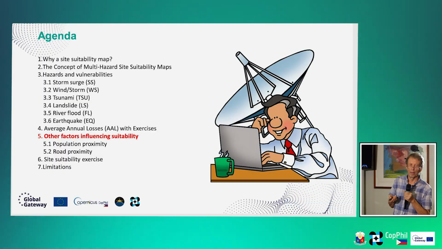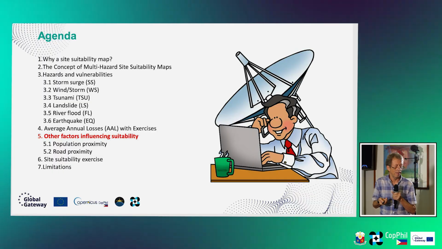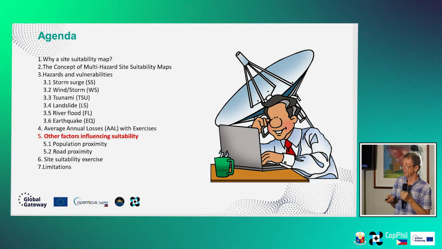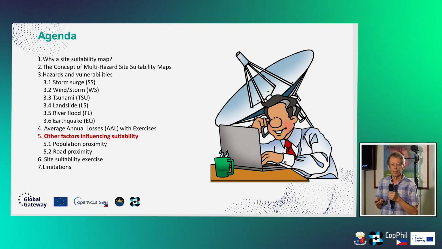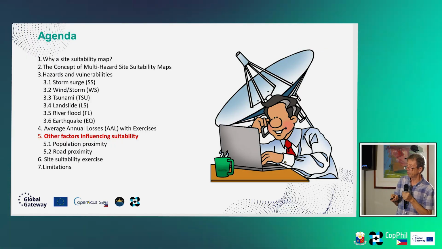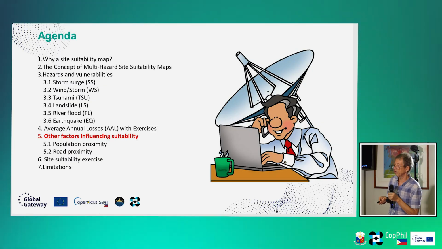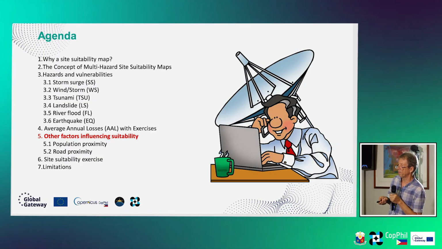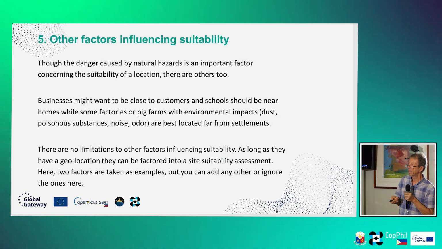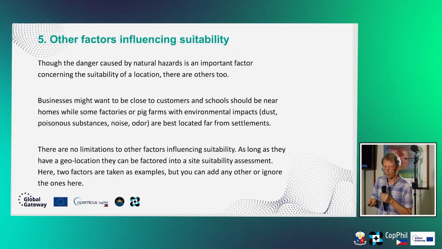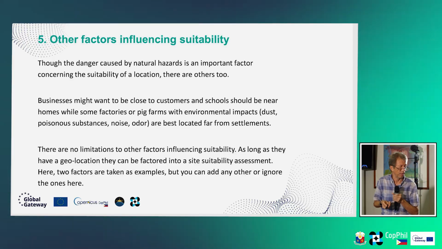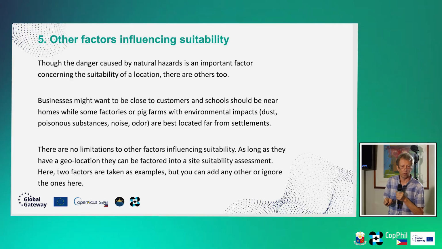I would like to now leave the hazards and we will go to other factors that are influencing suitability. I have two, as I mentioned before, population proximity and road proximity. And let's go quickly through that. I think I mentioned already that, of course, the danger from natural hazards is something everybody is concerned.